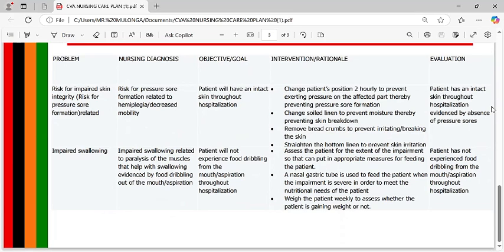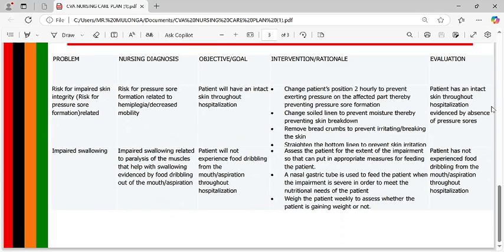The other points that we can also include here are, for example, I will refer this patient to a physiotherapist to help with the paralyzed muscles for specialized care.